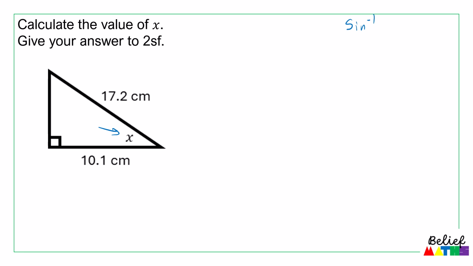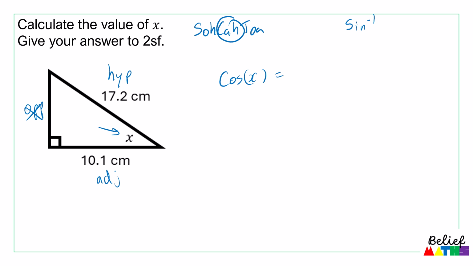So, labeling our triangle again then. This is my hypotenuse. This is my opposite. This is my adjacent. Our opposite is no use to us, so checking with SOHCAHTOA, the one that uses adjacent hypotenuse is cos. So cos of x, that angle, is equal to the adjacent, which is 10.1, over the hypotenuse, which is 17.2.